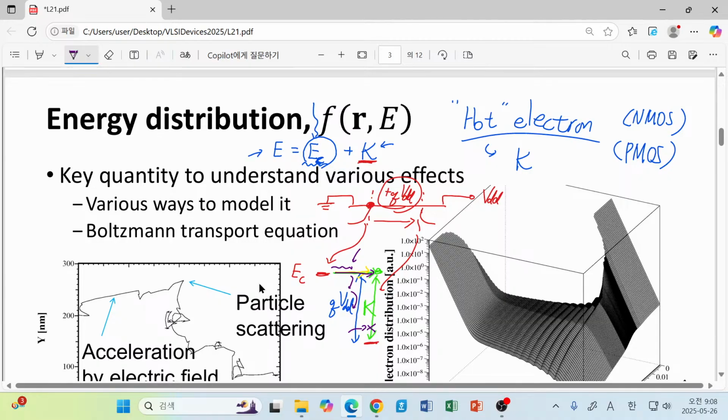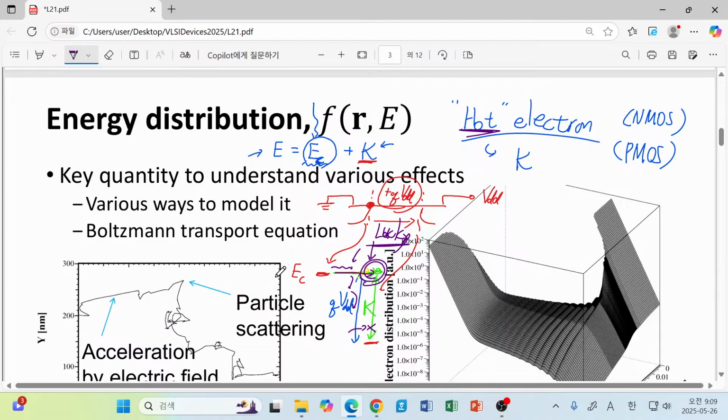This is the movement of usual electrons, the majority of electrons. However, we can think of very lucky electrons which never experience, or just experience one or two, scattering events, so they do not lose their original energy much. In this case, they are lucky and they become hot electrons.